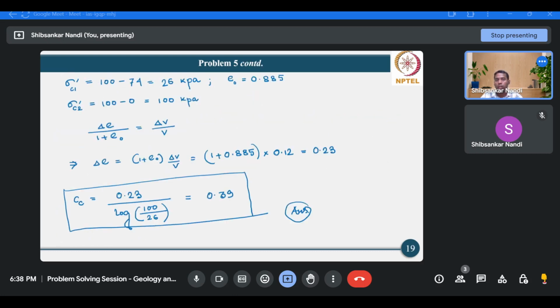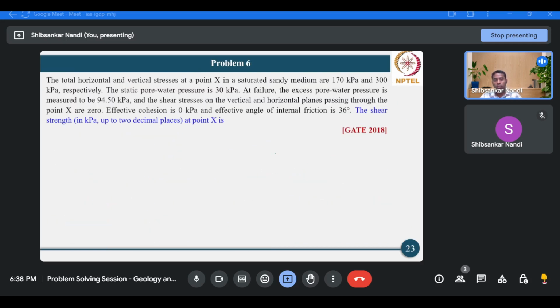Now we'll take the next problem. In this problem, the total horizontal and vertical stresses at a point X in a saturated sandy medium are 170 kPa and 300 kPa respectively.